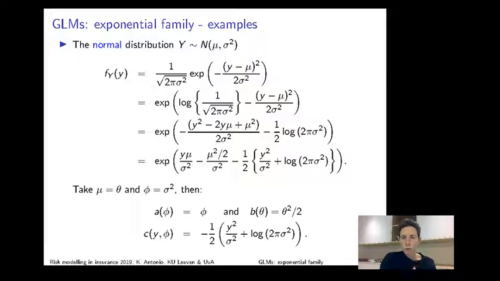And the function a evaluated in phi is phi, and phi equals sigma squared. So indeed, starting from our general expression for the variance of a member of the exponential family of distributions, we retrieve the well-known expression for the variance of a normal distribution, in this case, the parameter sigma squared.